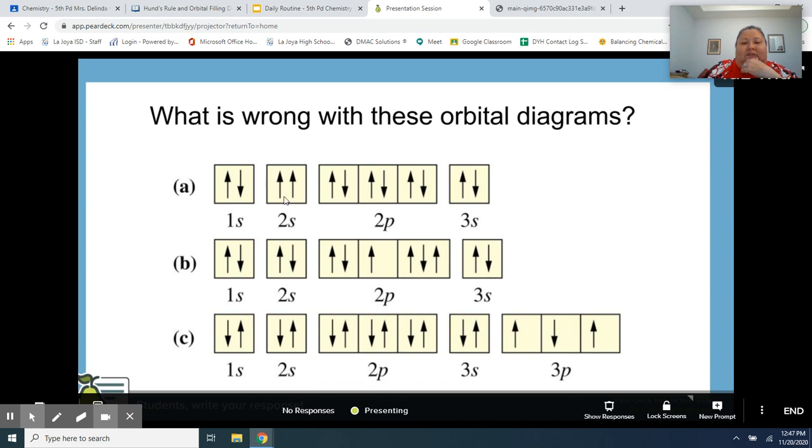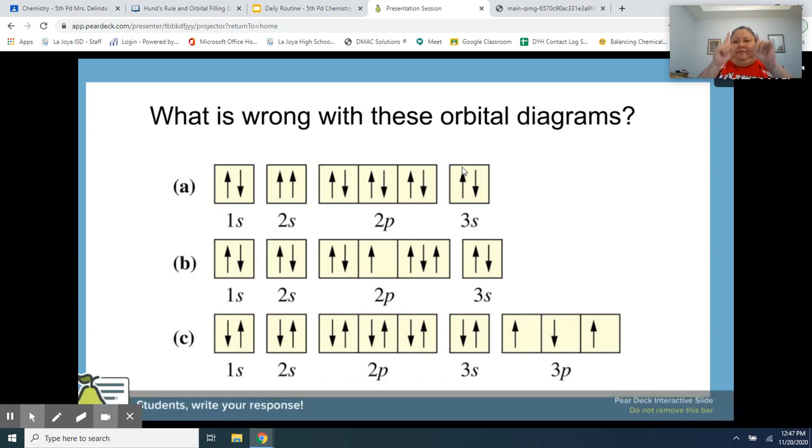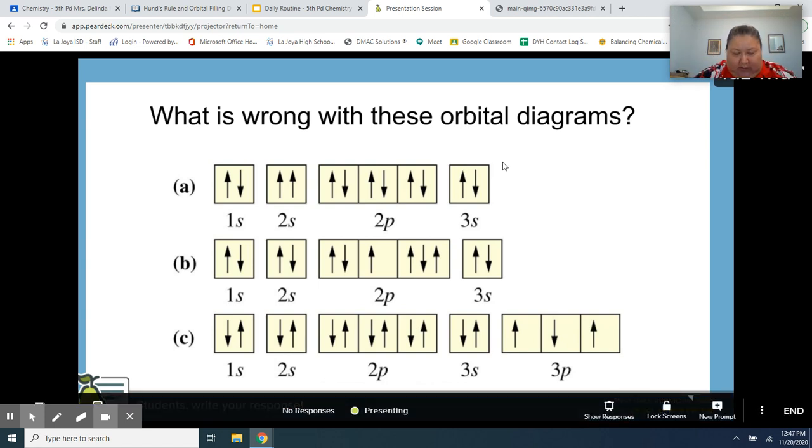Should I have arrows pointing in the same direction, meaning both of them have the same spin? Is this possible? Should I have arrows both pointing up? No, right? I should have one arrow pointing up and the other one pointing down. Excellent, right? Because that means one's going forward, the other one's going back. Very good, America.